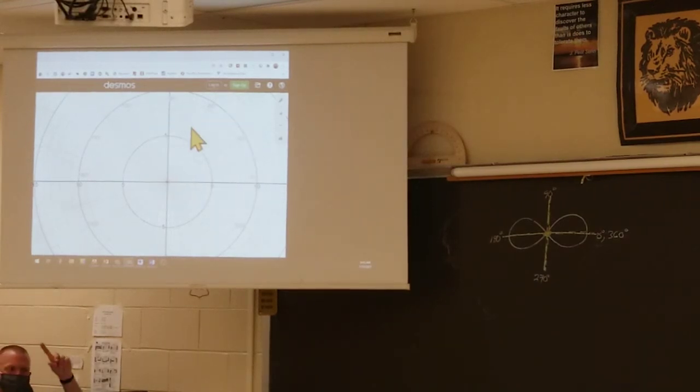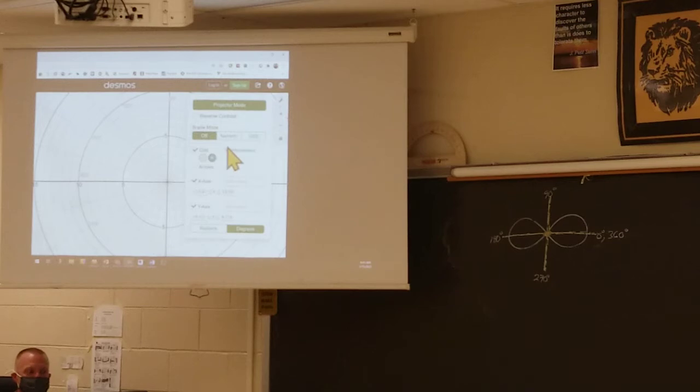Can you guys see the Desmos up here? Okay, yeah, in settings, remember, there are some things you want to change. You want to change it to the polar grid, and then you want to change it to degrees. Now, I'll tell you, the X and Y axis is kind of weird. The X and Y axis doesn't really exist, but there are still numbers on this setting.